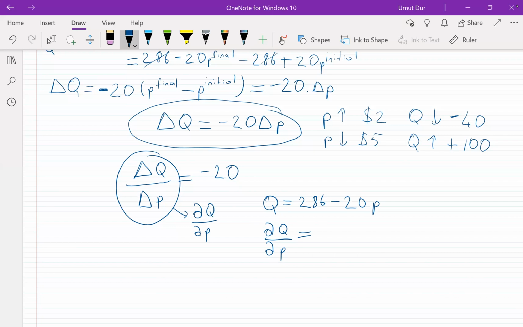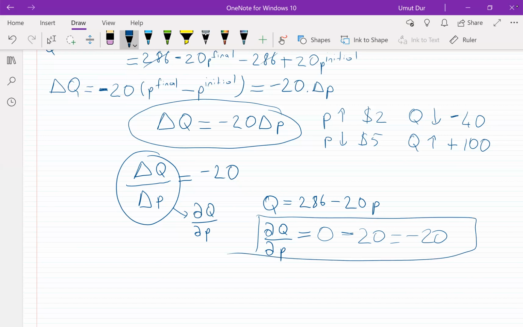The derivative of the constant will be 0, minus 20, which is minus 20. So if I ask you what is the effect of the change in the price on the quantity, you can just take the derivative and answer based on that.